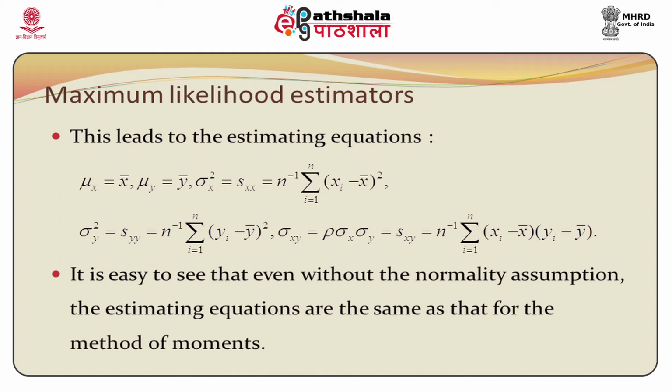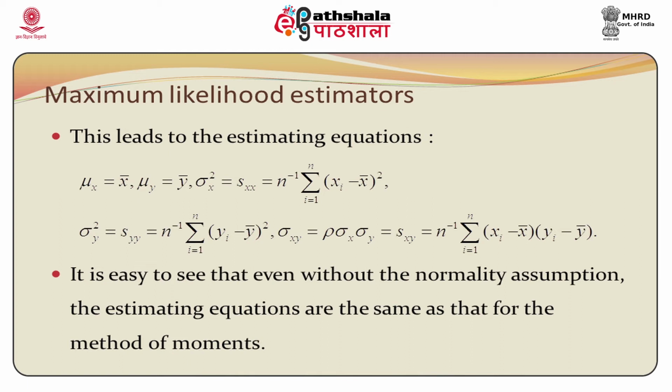We know that the ML estimates are not going to be unbiased. So, this n minus 1 is taken for unbiasedness, but the ML estimates have a divisor of n. Also notice something, that even if we had not assumed normality and had been doing the method of moments, these are exactly the estimators that would have come.